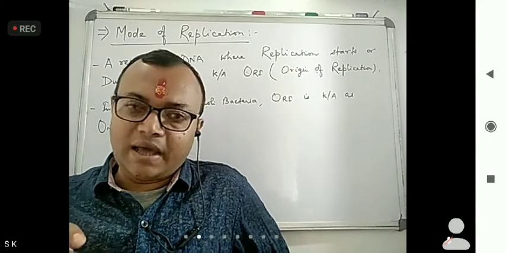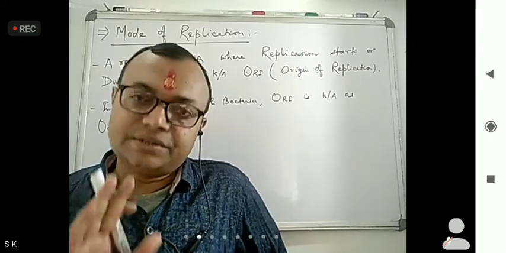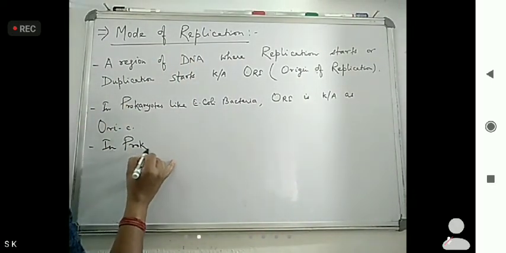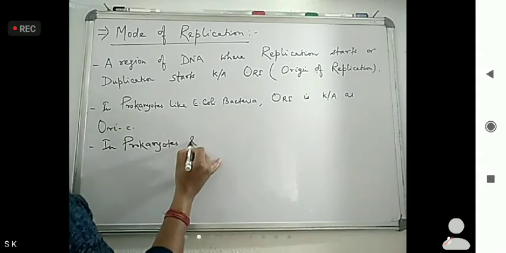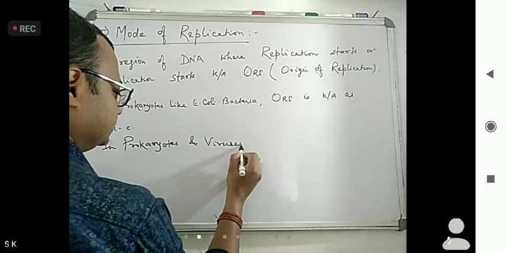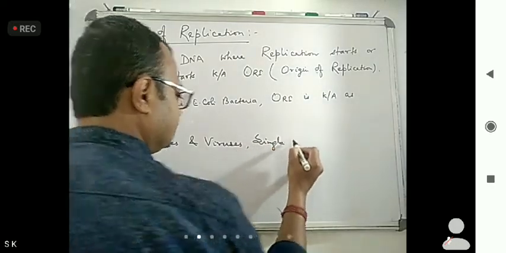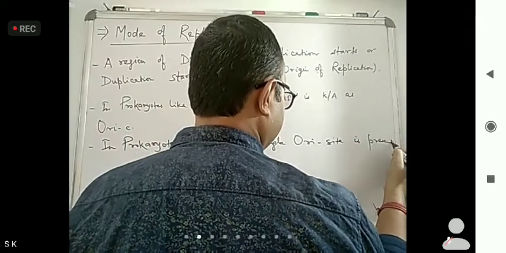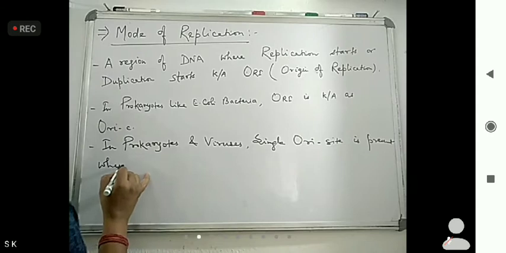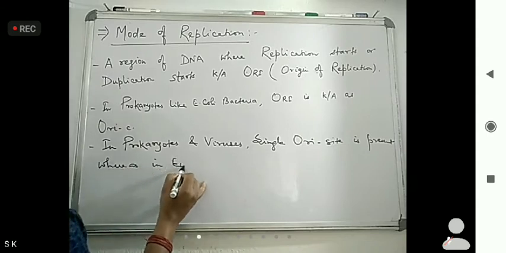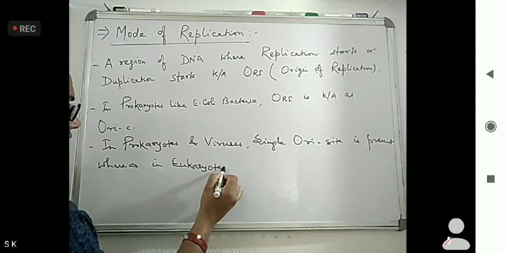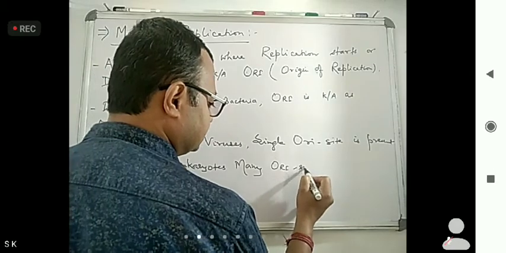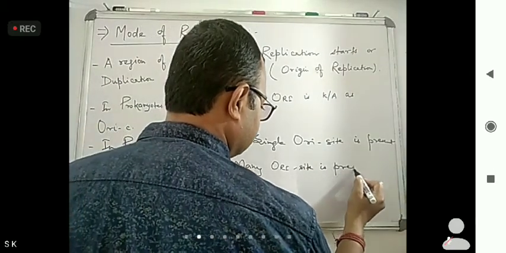Okay, now prokaryotes and viruses have a single ORI site. What I told: in prokaryotes and viruses, a single ORI site is present, whereas in eukaryotes many ORI sites are present.